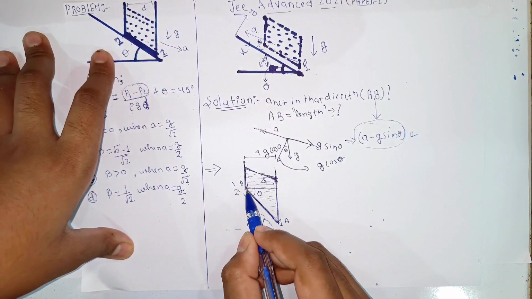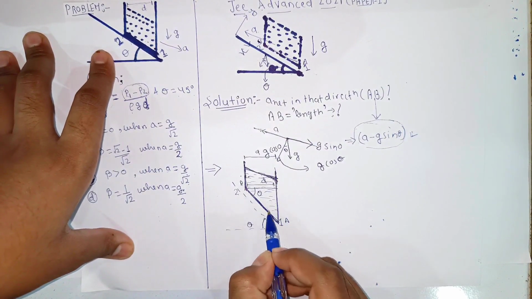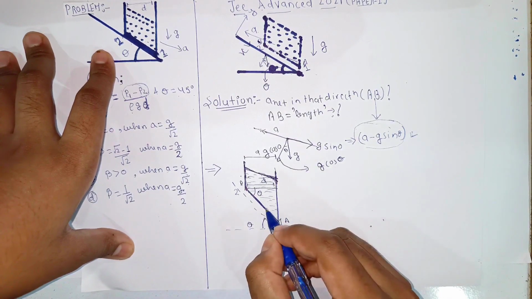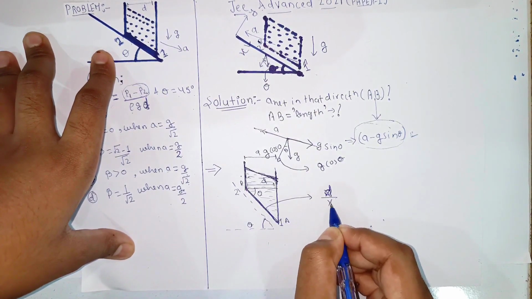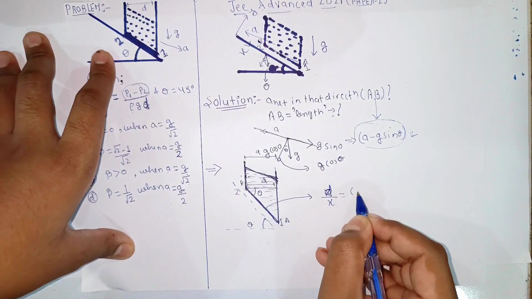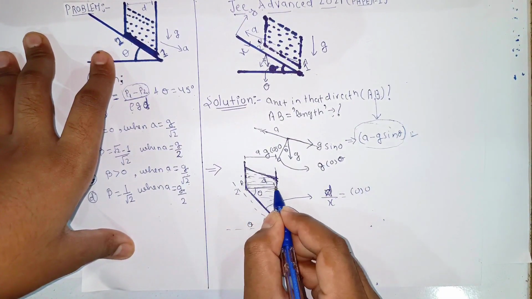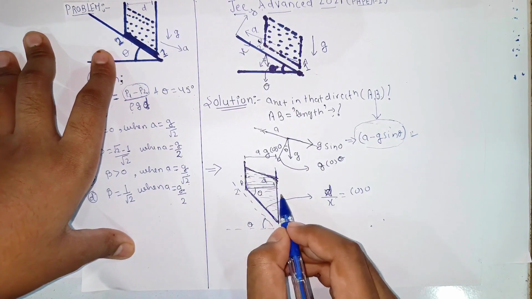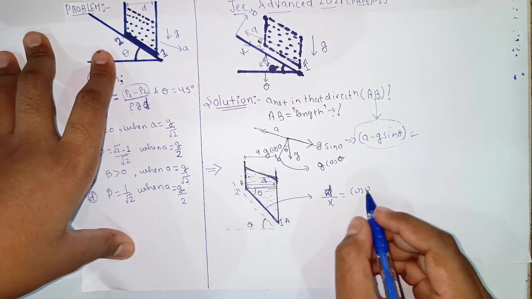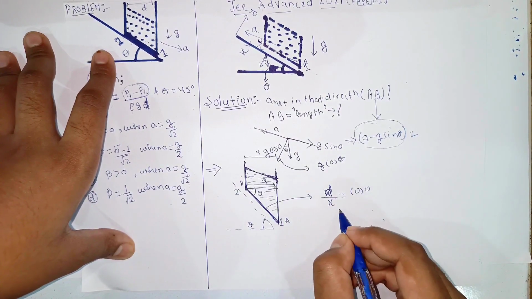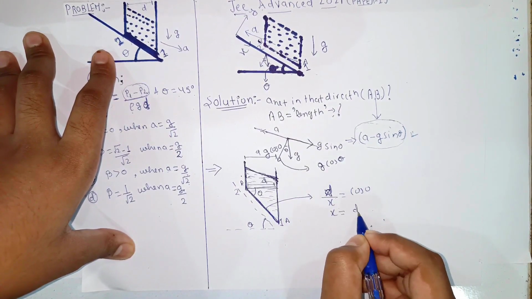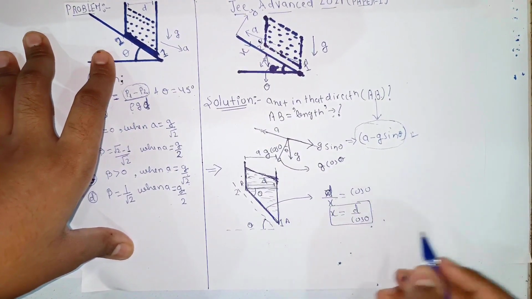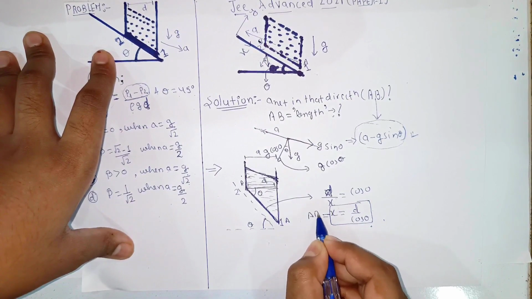So now if this is D, let us call this X. So we know in this triangle D divided by X will be equal to cos theta. So from here X will be D divided by cos theta. So all the things are done, which is actually AB.